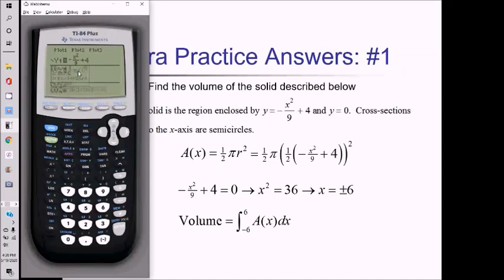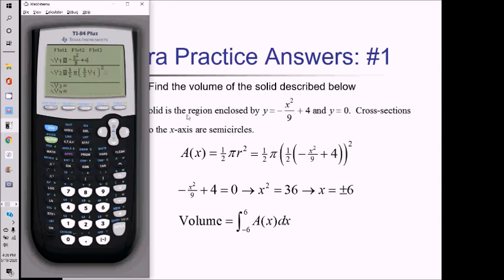I could probably simplify this, but I'm going to write it the way it is so there's no chance I make any mistakes. What we're taking half of in here is just the y1 function. So I'll do alpha trace y1, close that parentheses and square it, and that gives me this a of x.